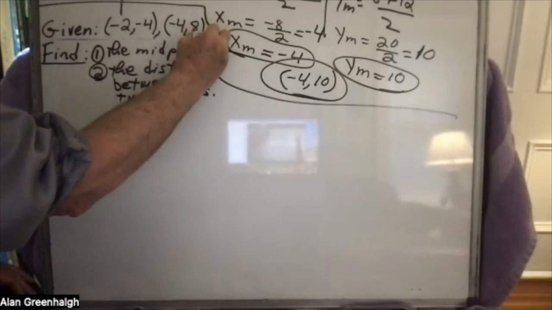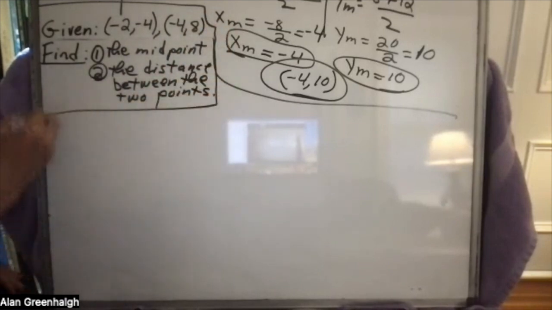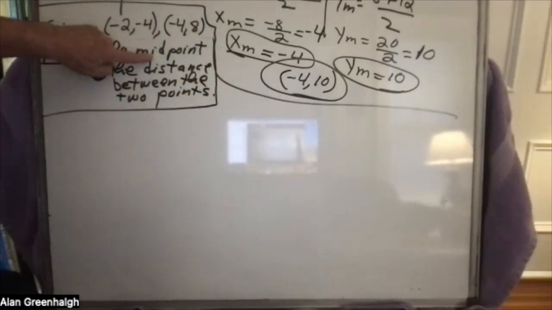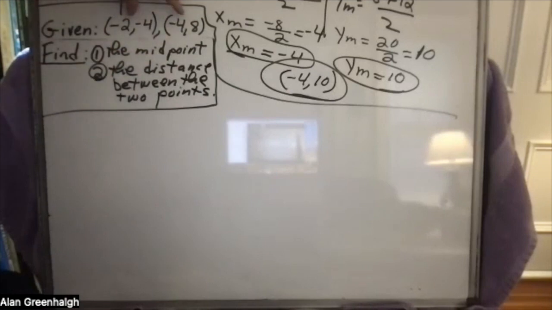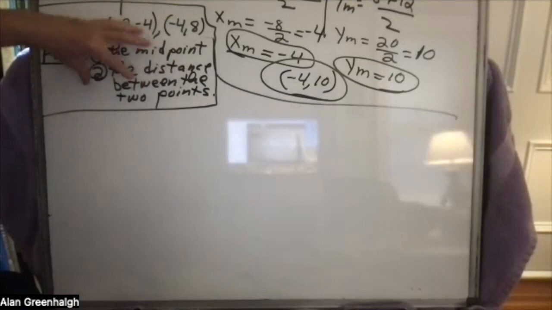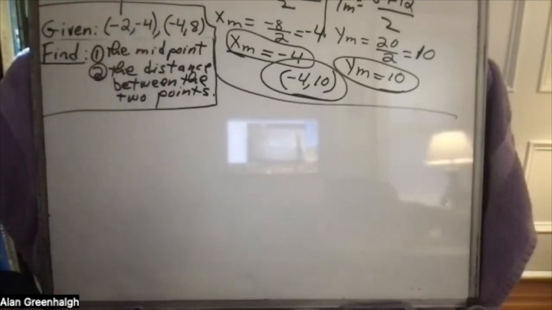Given these 2 points, find the midpoint of the line that connects these 2 points and also find the distance between the 2 points. And I'll leave that to you to do right now.